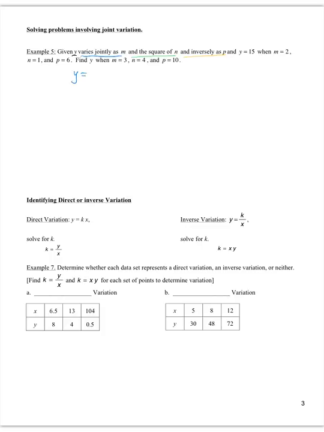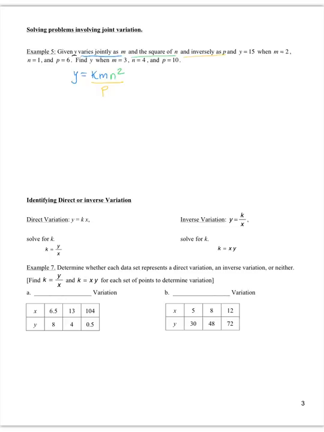Y varies jointly as m and the square of n and inversely as p. So there's your variation equation.